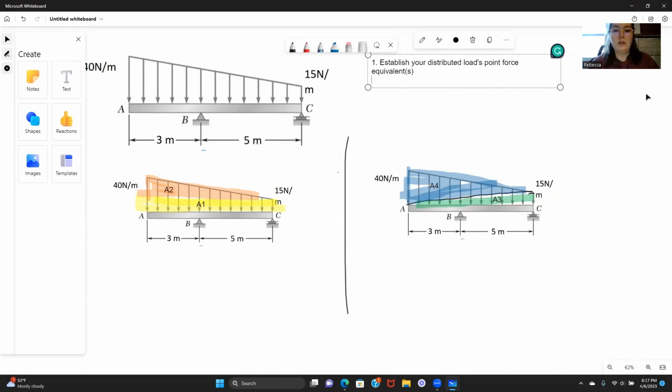Either way, the next step would be to create your free body diagram for your modified or simplified system, the point force equivalent system.